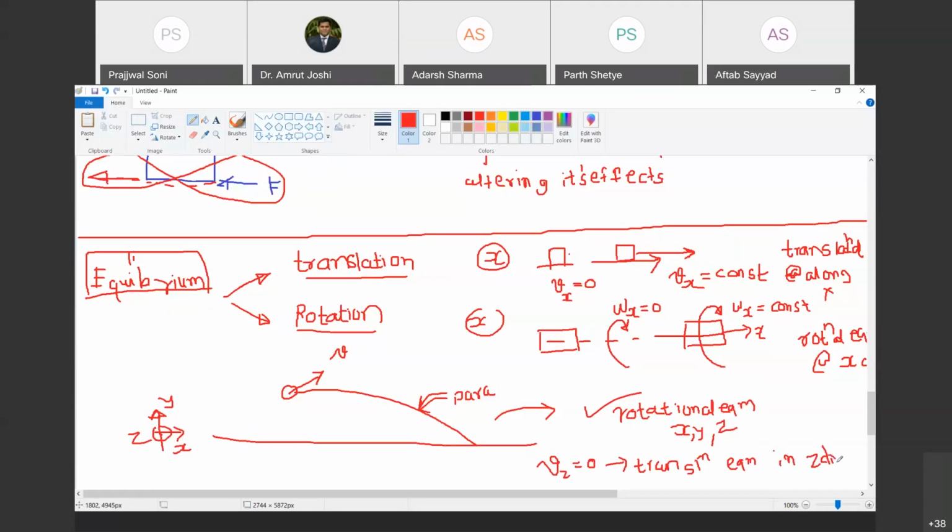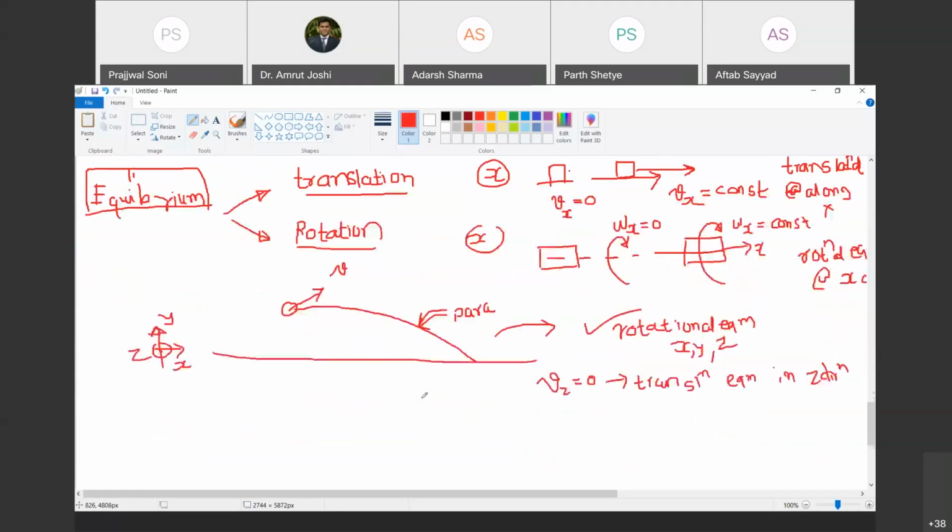Is the body in translational equilibrium along Y direction? No. Why? Because Vy is changing. So acceleration in Y direction is minus 9.81 meter per second square. Do you agree with me? Yes sir. This means Vy is not constant, and therefore no translational equilibrium in Y direction.